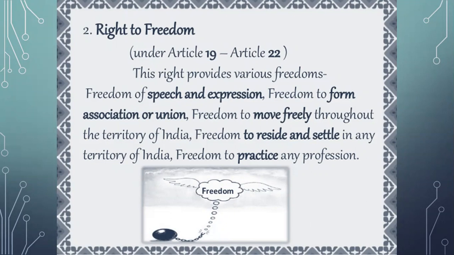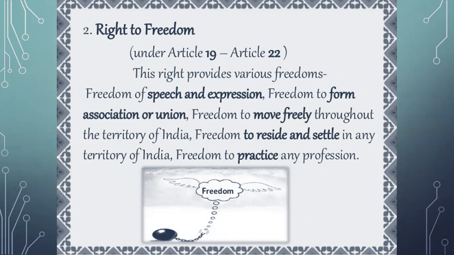The right to freedom, what does it say? It provides rights regarding speech and expression. Right? You can express anything. Freedom in the form of association and union. You can move freely, freedom to move.